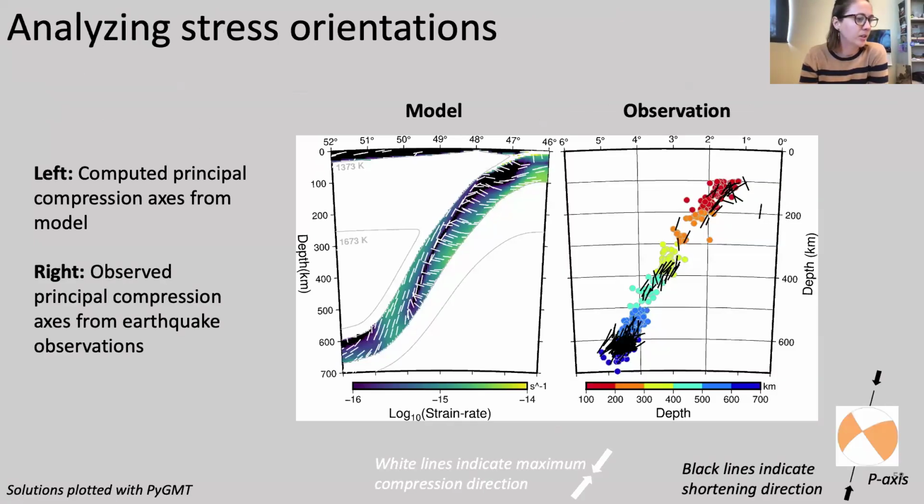And then on the right, the p-axes from the CMT catalog for that same profile. And we can start to make more detailed comparisons and look at how our model compares with the observations, and also, can we go between the two to try and improve both of where in the slab these earthquakes are falling?